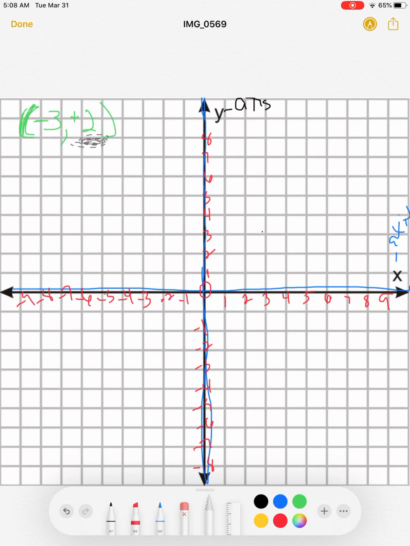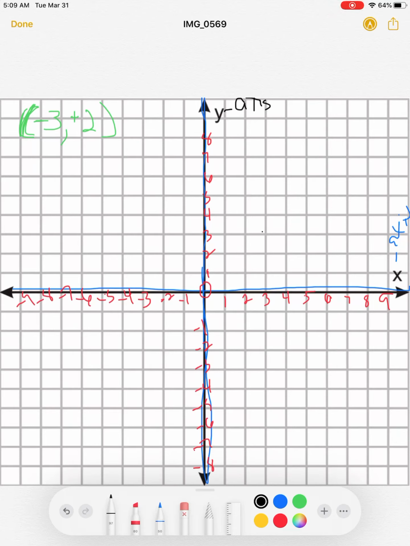Here, the coordinate pair tells us to plot +2 on the Y axis. I'm going to start at the -3 on the X axis, and I'm going to move up to a +2 on the Y axis. This is +1. This is +2. My coordinate pair should be plotted here.